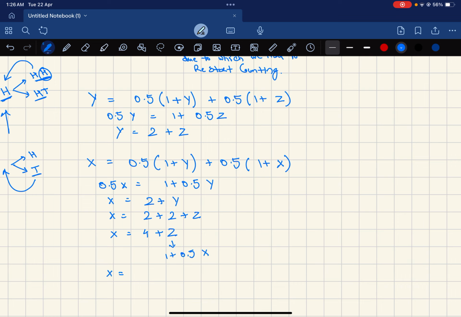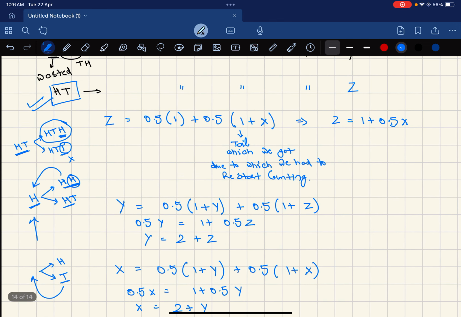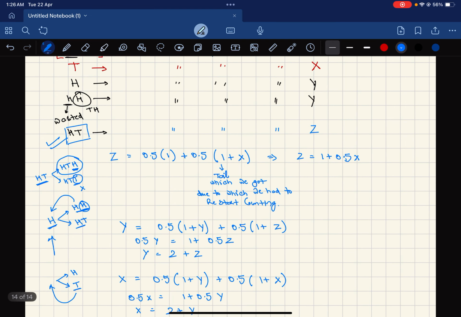So x equal to 5 plus 0.5x, which means 0.5x equal to 5 and x is equal to 10. So there are 10 expected number of trials required to get the pattern HTH in this particular case.